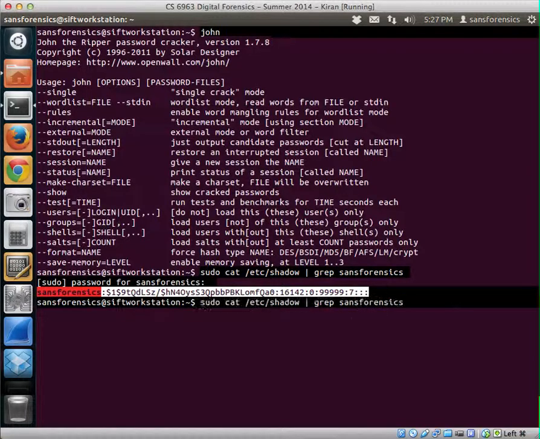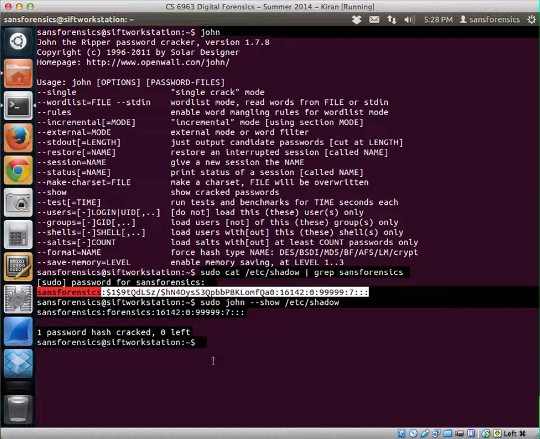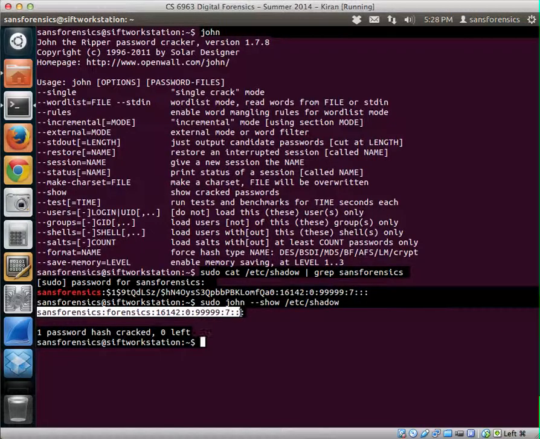We'll be using John the Ripper to try to crack the password. So if you see, John the Ripper went through the file and decrypted the password for the SANS Forensics account, and the password here is forensics.